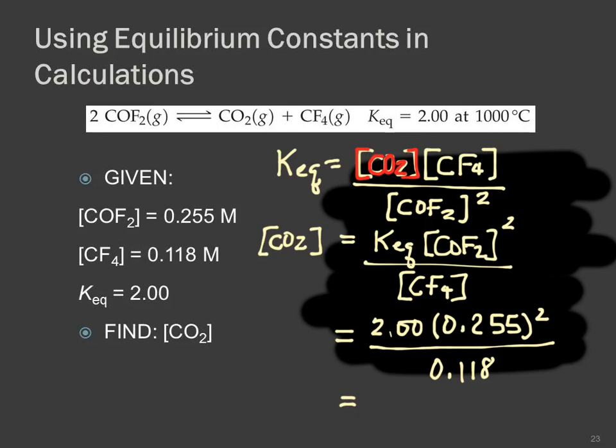And we do the math. So we've got 2 times 0.255 squared divided by 0.118, and I'm coming up with 1.10.